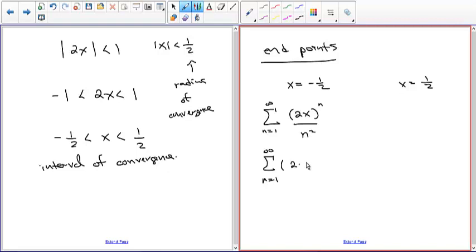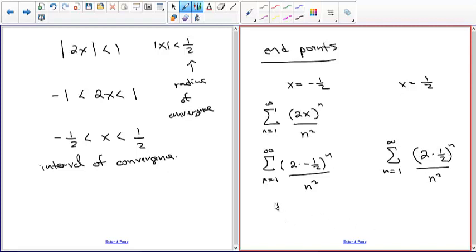So we'll have 2 times negative 1/2 raised to the n power divided by n squared. And over here, we'll have two times positive 1/2 raised to the n power divided by n squared.